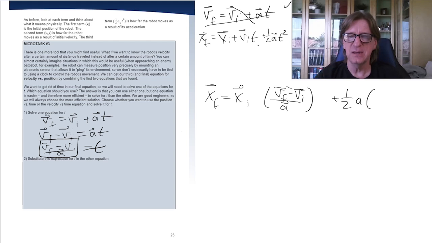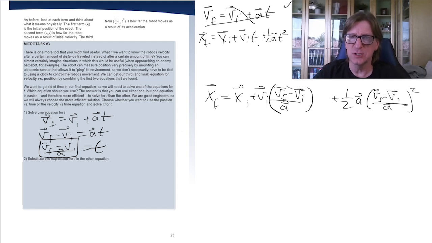So this is t, this is vi, so we'll put that there so that we don't get confused. Let's clean that up a little bit so you can read it a little better. Vi, and then my parenthesis goes here. So this is t. Now I've got plus 1/2 a times t squared. So again, that's (vf minus vi over a) squared. So that's how we've substituted into this other equation.